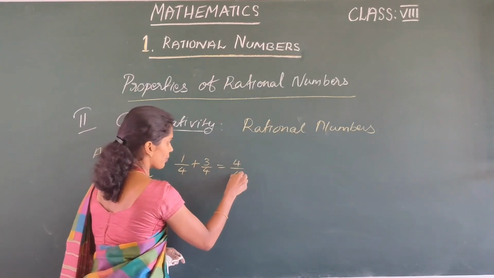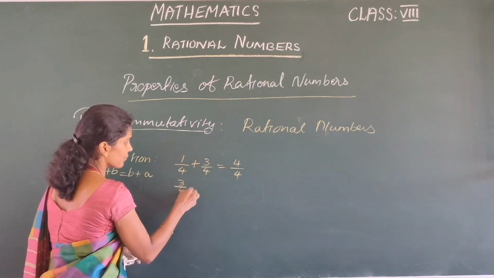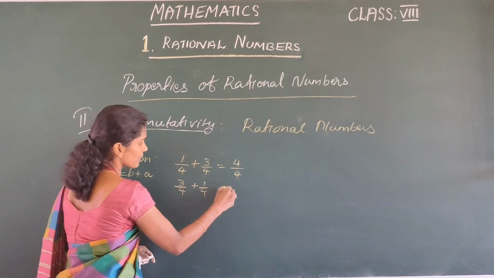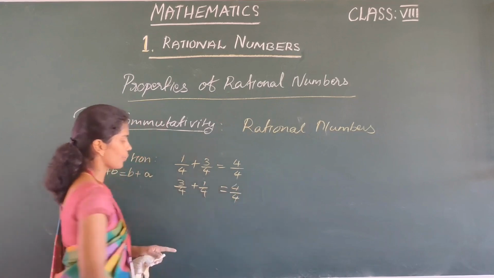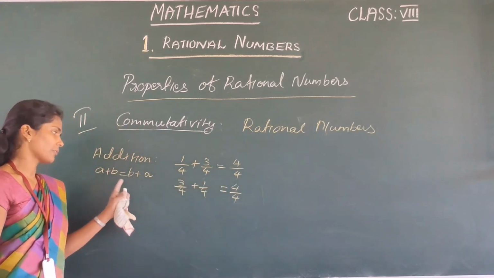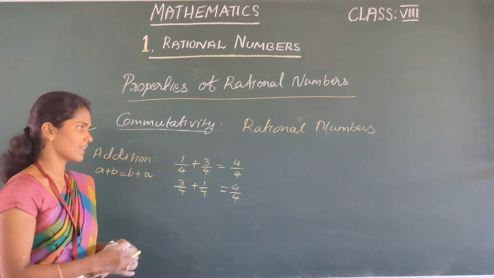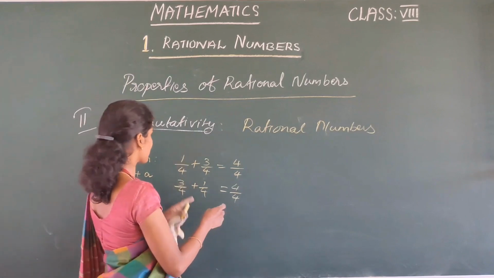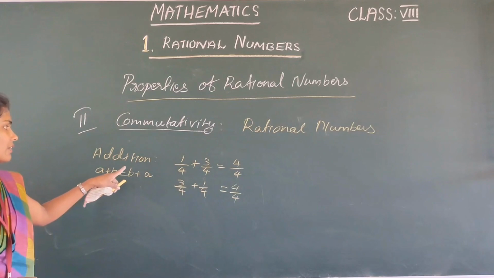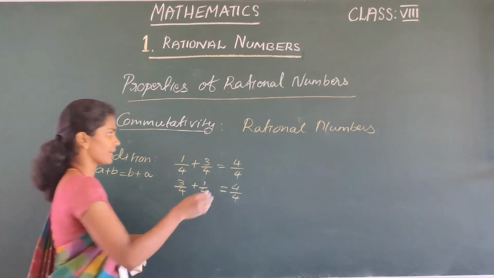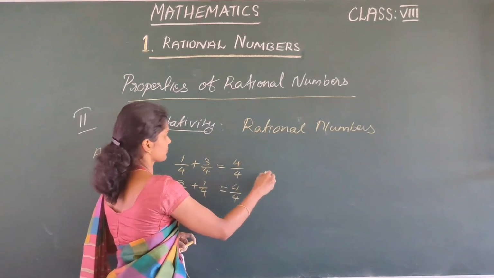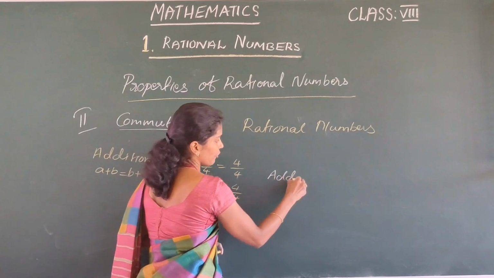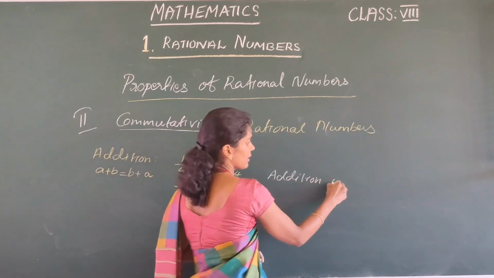Then 3 by 4 plus 1 by 4 is also 4 by 4. These two are the same. That means a plus b equal to b plus a here. Therefore, rational numbers are commutative in the case of addition.